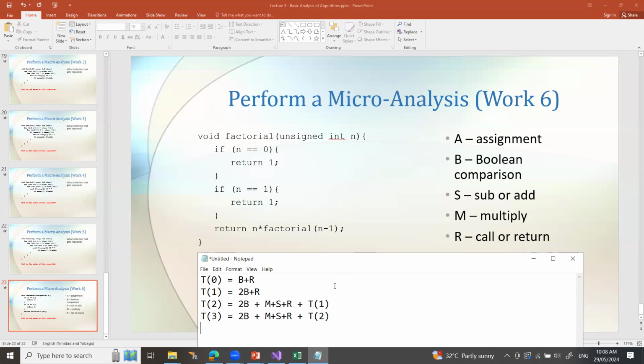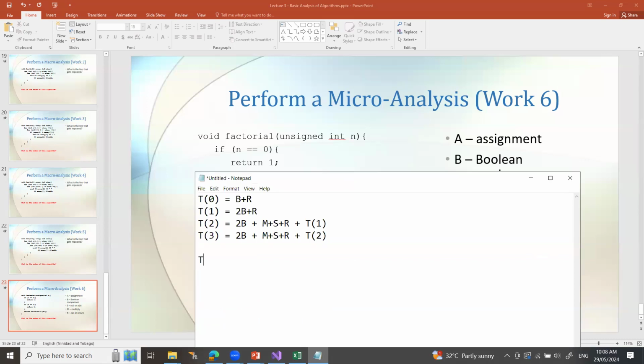So I could generalize this at this point, right? I could say T of n is 2b plus m plus s plus r plus T of n minus 1. So far so good? Yeah. All right, cool.